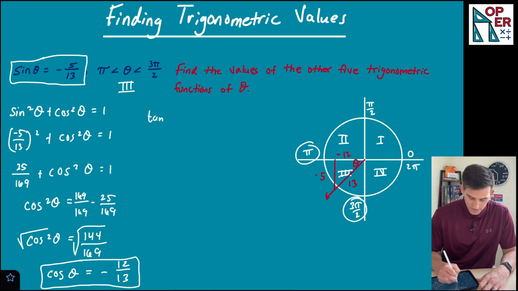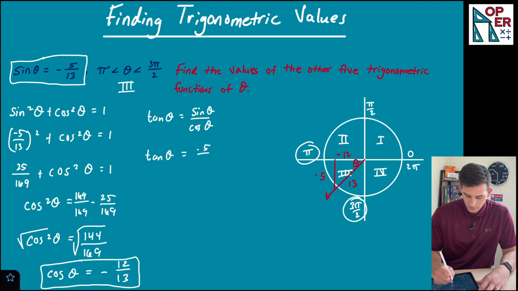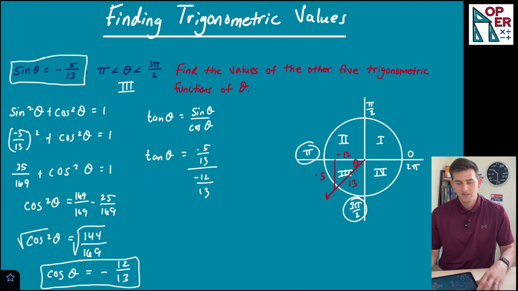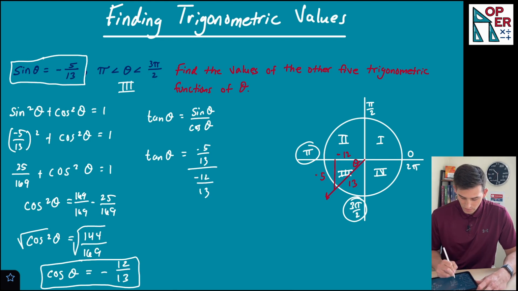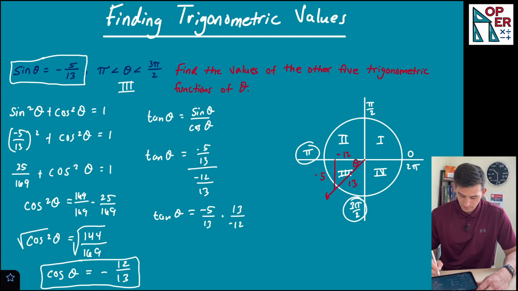We know that tangent of theta is equal to sine of theta over cosine of theta. Now we know what sine and cosine are, so this would be -5/13 divided by -12/13. It looks a little weird, but let's multiply that: tangent of theta would be -5/13 times 13 over -12.